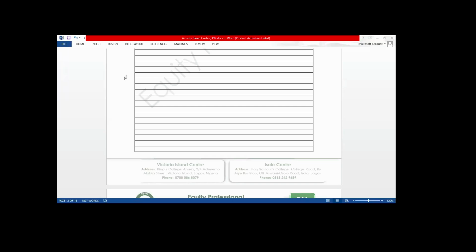Any cost incurred that can be traced to a bottle of Coke will be regarded as a direct cost, and will be allocated directly to Coca-Cola products.